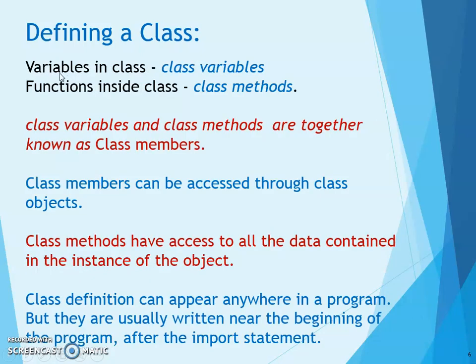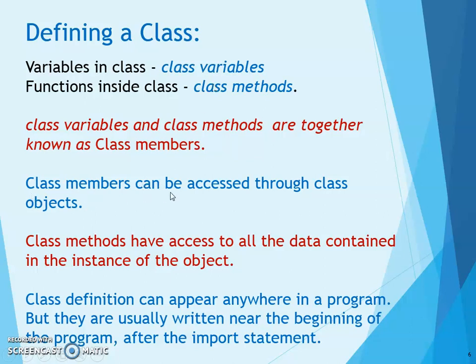So as we said, variables in a class are class variables, functions inside a class are class methods. Now these class variables and class methods together form the class members. So whenever we are saying class members, the meaning is class variables and class methods that are defined inside a class.